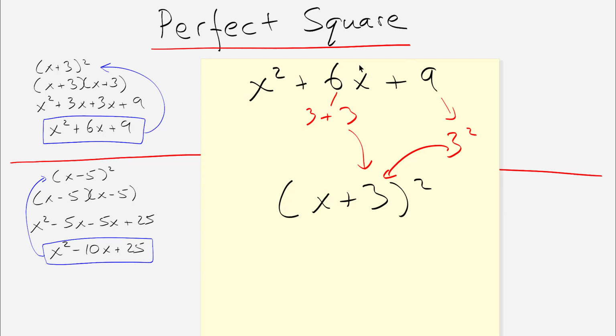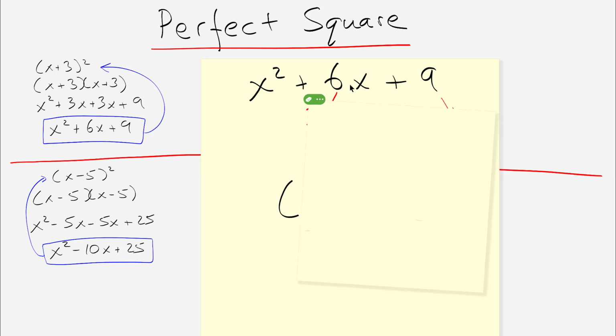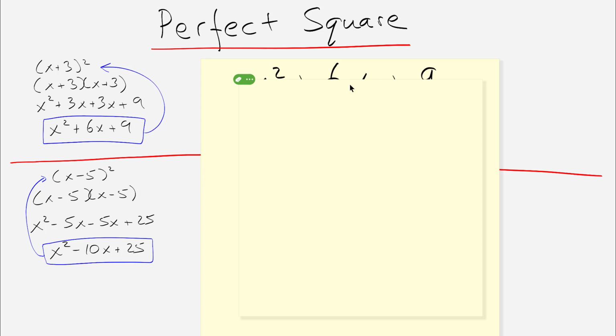But my advice to you is we want to stick with this option here, looking at the middle value. The reason we want to do that is if I had two perfect squares, let's say I had x squared minus 10x plus 25 versus x squared plus 10x plus 25.